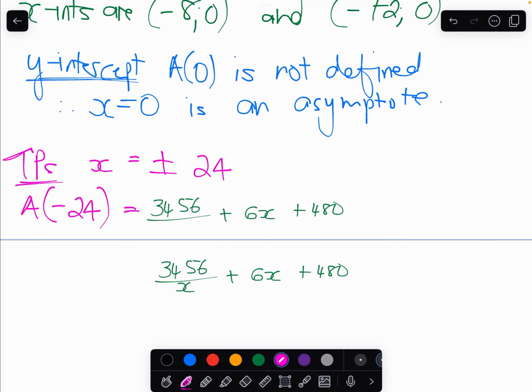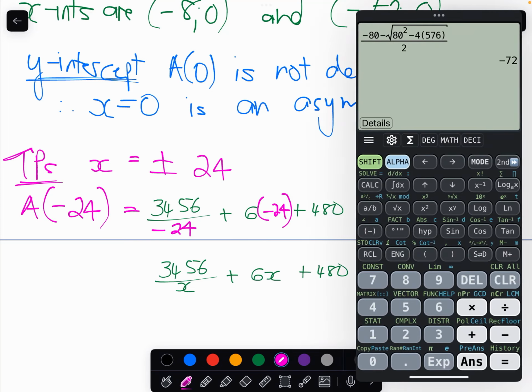Okay, so let's put in negative 24 and see what we get.